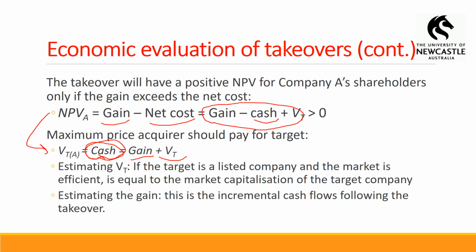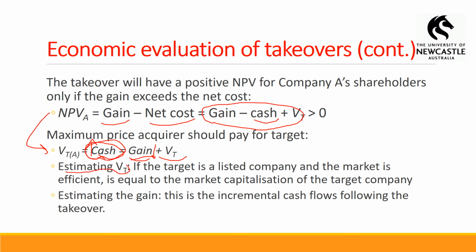This equation also implies that the more we pay, the more cash we give up, the less we retain, as the acquiring shareholders, in terms of the synergy benefits. So there are two components in this equation, the synergy gain and the target firm's value.